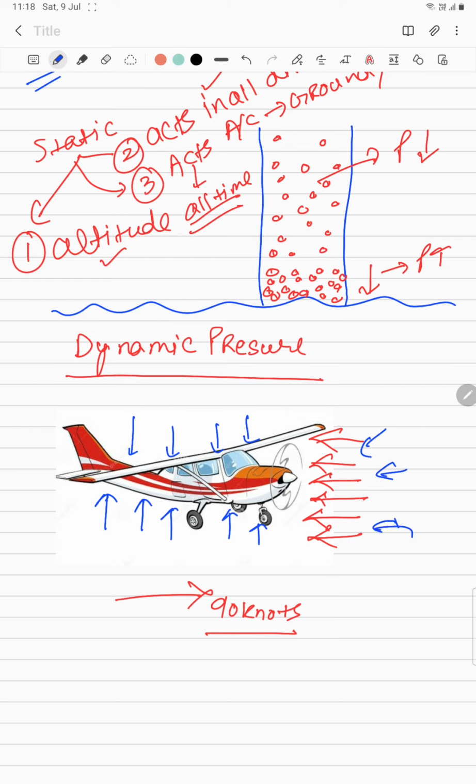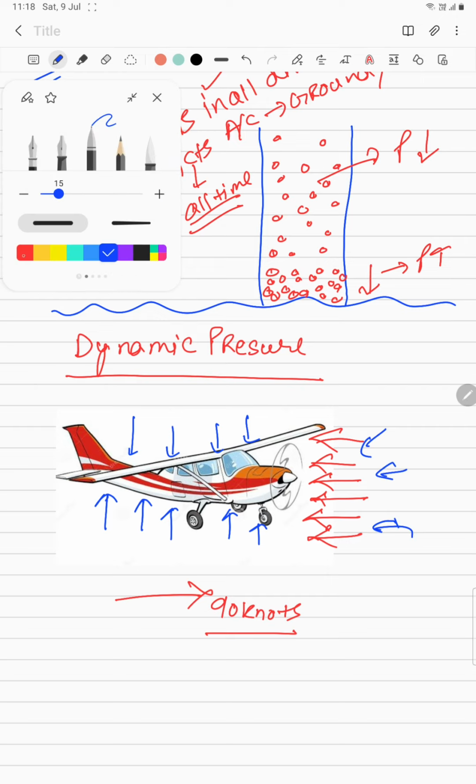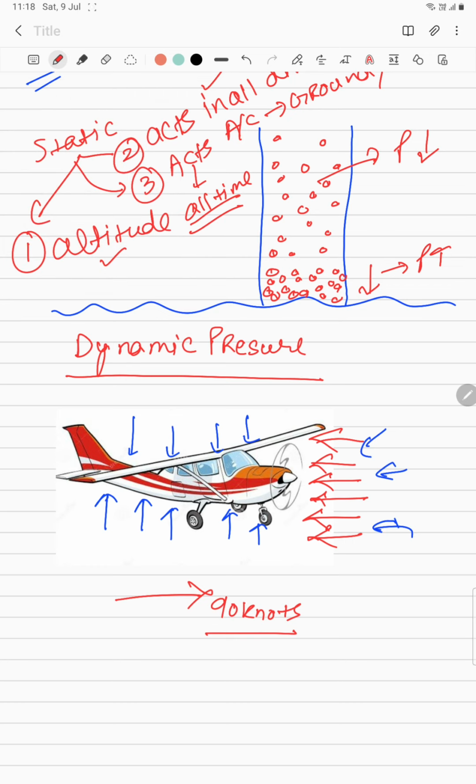But your dynamic pressure will act opposite to your direction of motion. If the aircraft is moving this direction, your dynamic pressure will be opposite to the motion of the aircraft. So that is the difference between dynamic pressure and static pressure.